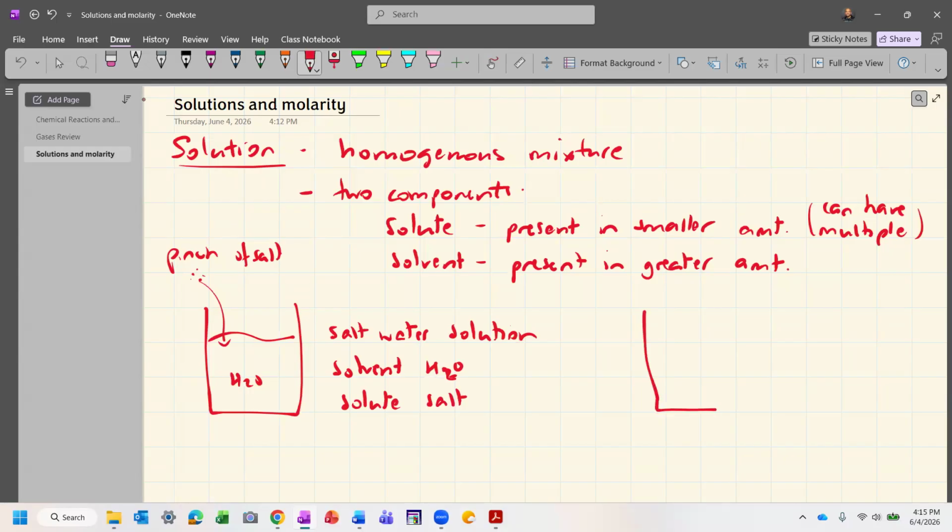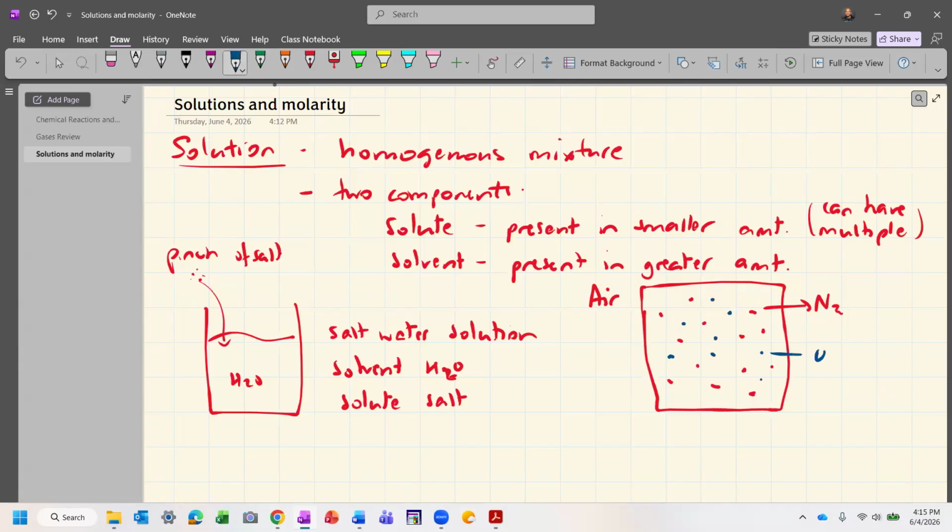We talked about gases in one of the previous videos. So if I take a look at the air that's around us right now, the majority of the air that you're breathing in is nitrogen. And then you have a smaller amount of, let's say the blue ones here is oxygen.